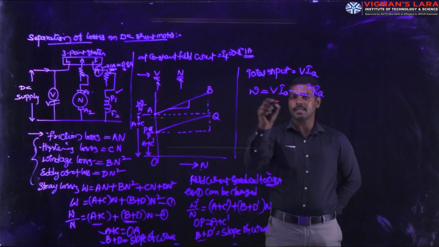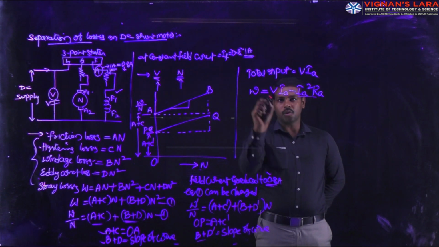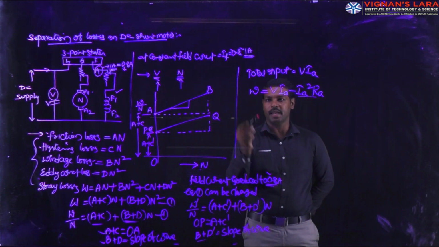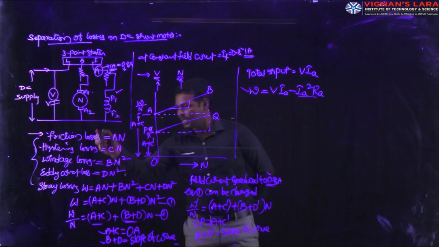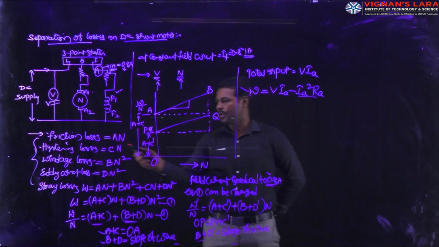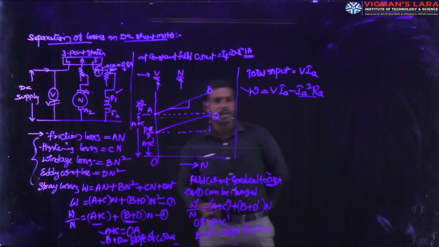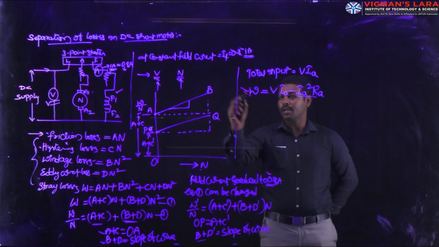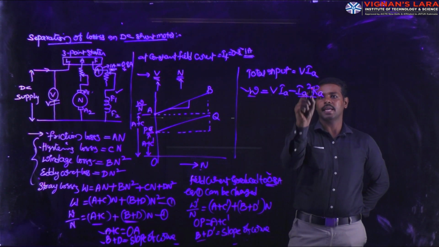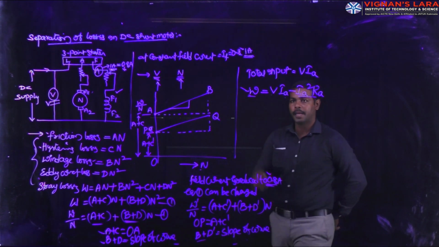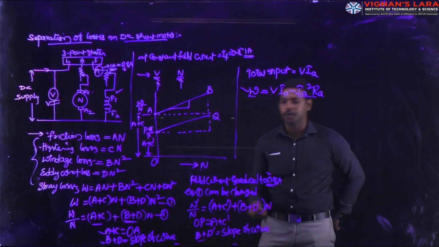We subtract the armature copper losses from the total power coming from the supply to get the stray losses, which is a combination of four losses: friction loss, hysteresis losses, windage losses and eddy current losses. So W is equal to V into IA minus IA square into RA. By conducting these two experiments, we can also find these four parameters.